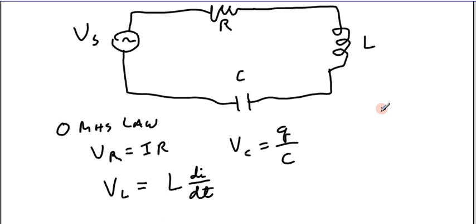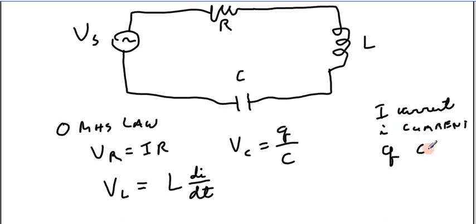where capital I is current, and little i is current, Q is charge in coulombs, and C is farads.